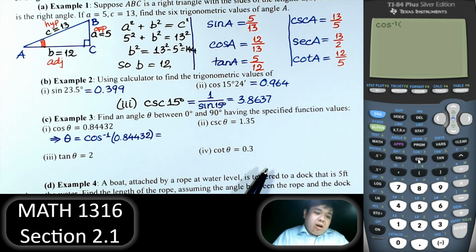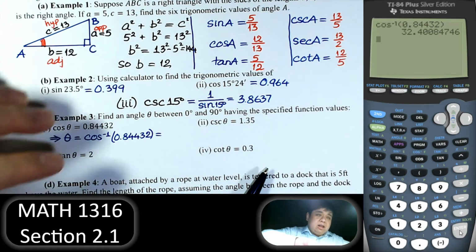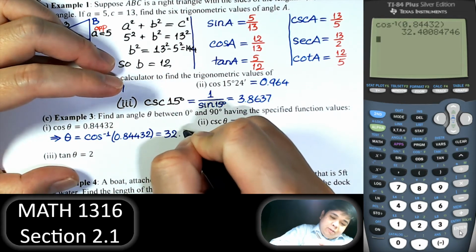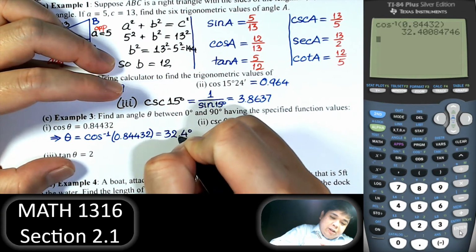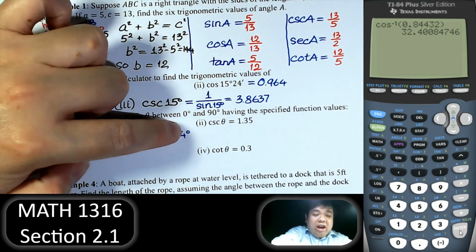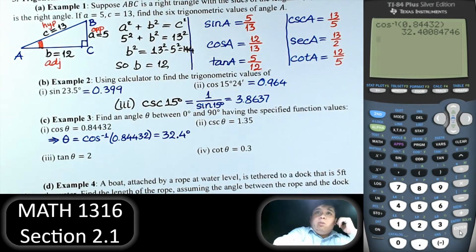Second cosine of 0.84432. So that's 32.4 degrees. Make sure you have the unit for the problem.